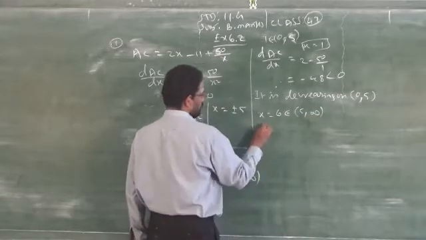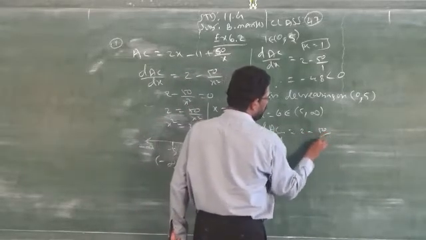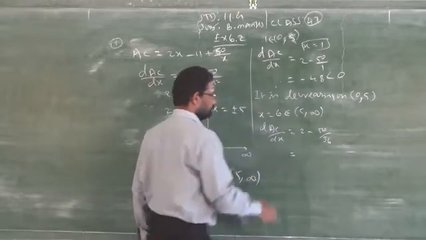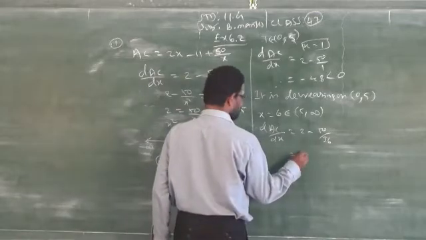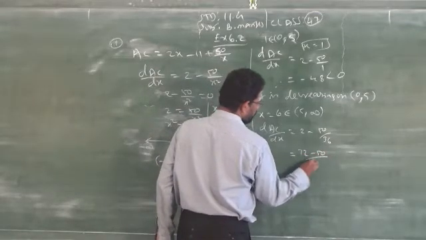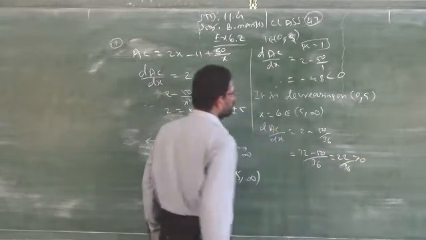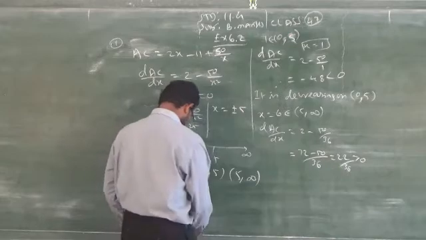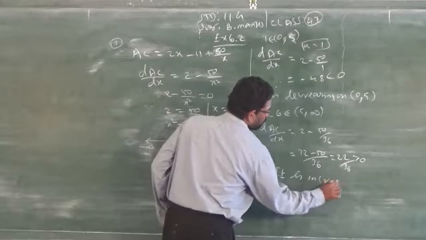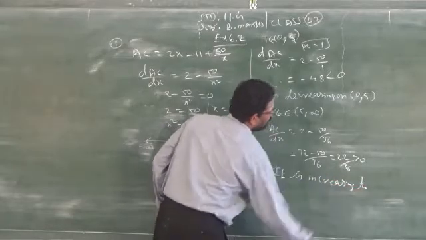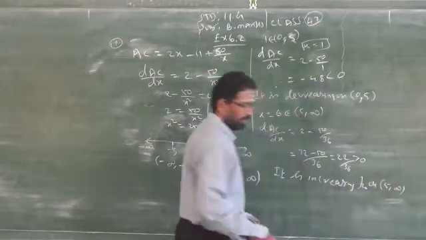I am taking 6. Substitute in the first order: 2 − 50/36. Cross multiplying, that is (72 − 50)/36. What will be the answer? 22/36, which is greater than 0. It is increasing. It is an increasing function on (5, infinity).